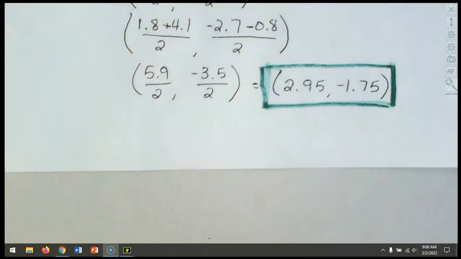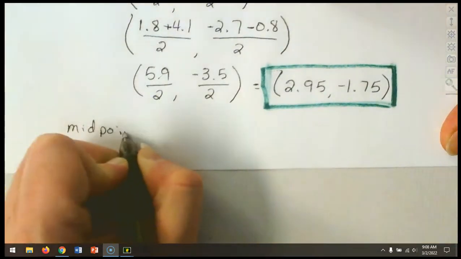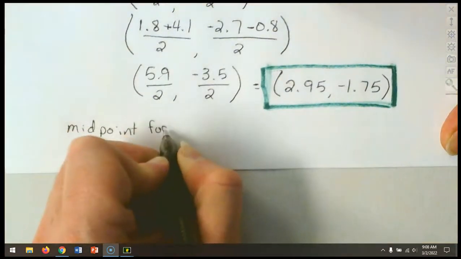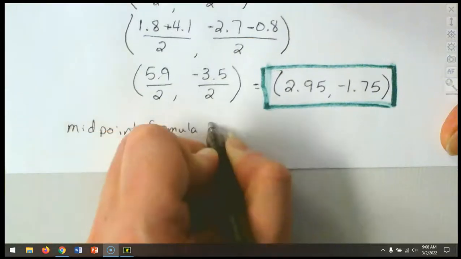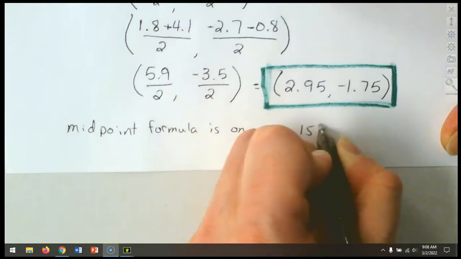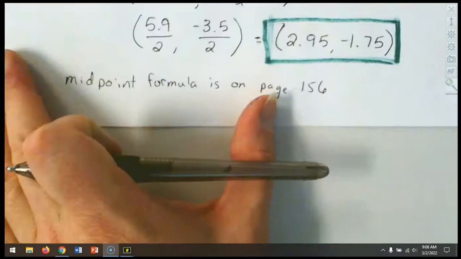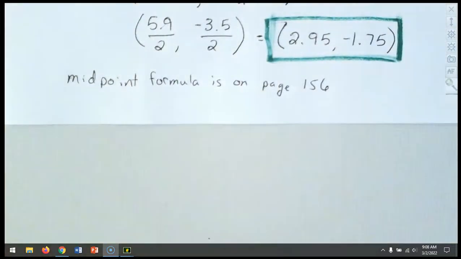And by the way, that midpoint formula, just so you have a reference, is on page 156. We've already written it down. It's the same thing as what I wrote down, but in case you want to reference your textbook, you can reference it there.